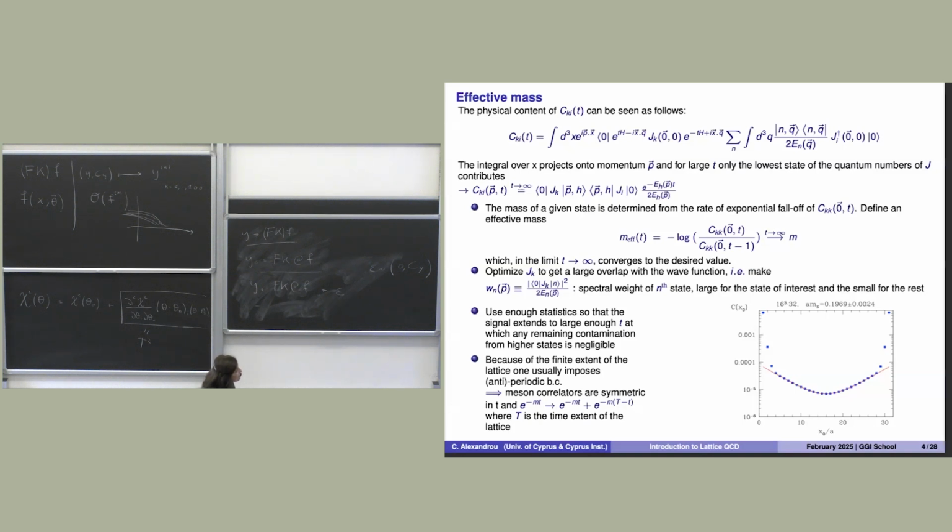And then, of course, I have a sum over n. However, if I let the Euclidean time go to infinity, because I have an exponential damping, any higher states will die out faster than the ground state. Do you agree?